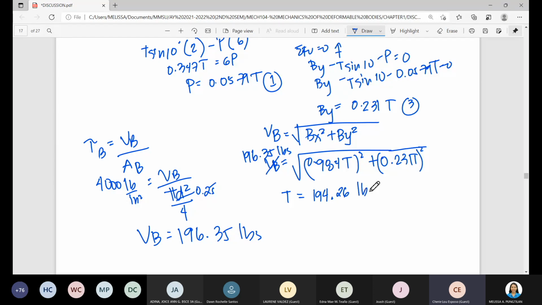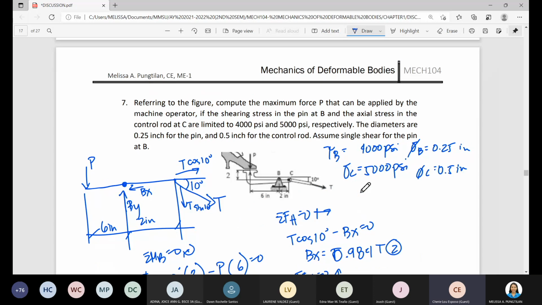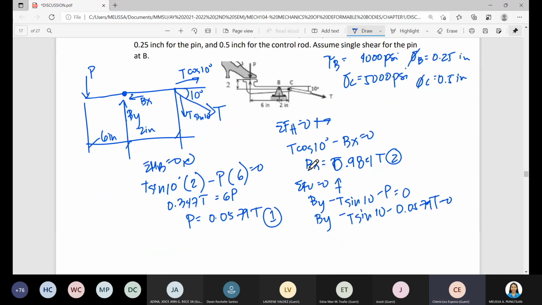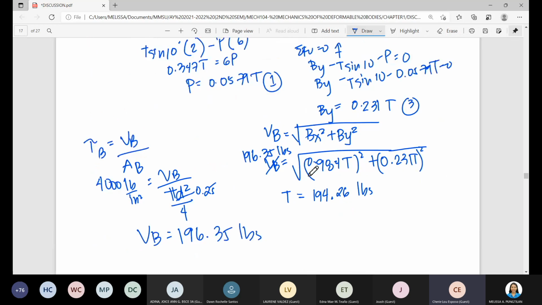Anong pinapahanap ba? Force P. Compute the maximum force P. So, by using equation number 1, we can solve for the value of P. So, P is equal to 0.0579 multiplied by T, on which yung ating T is 194.26 pounds.